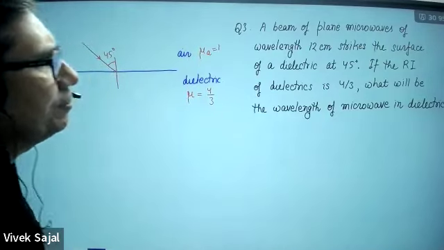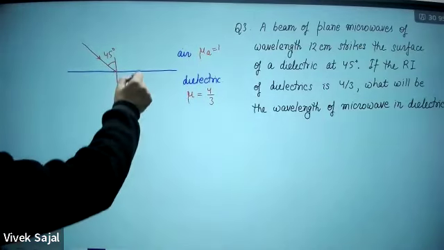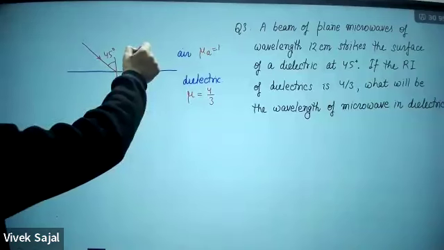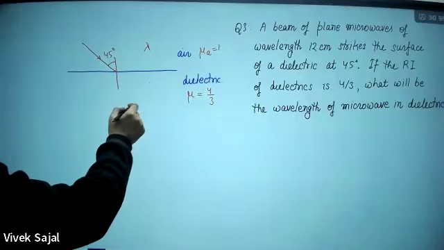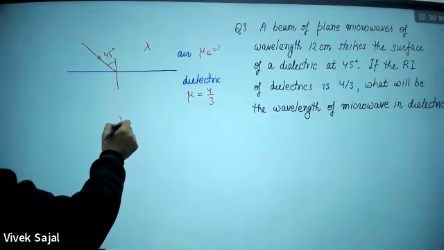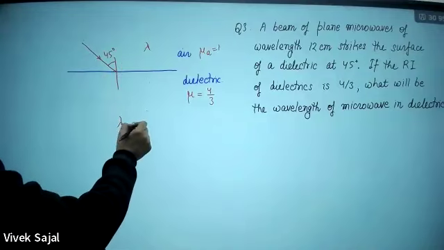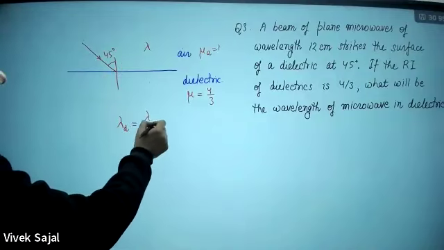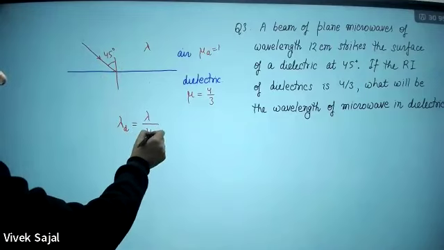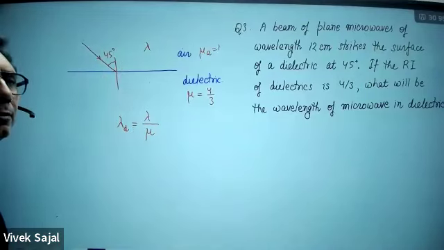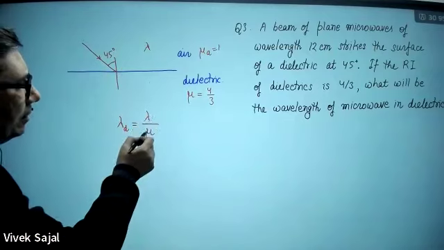What will be the wavelength of the microwave in the dielectric? Here, if the wavelength is lambda, what will be the wavelength in the dielectric? That will be lambda upon mu. ठीक है? Wavelength will be reduced by mu.